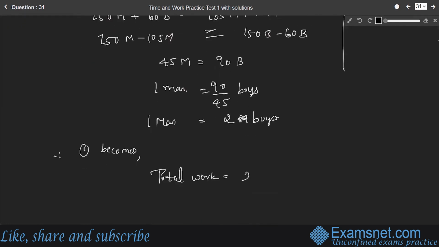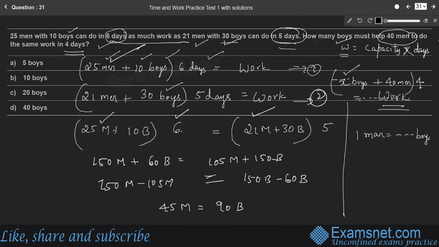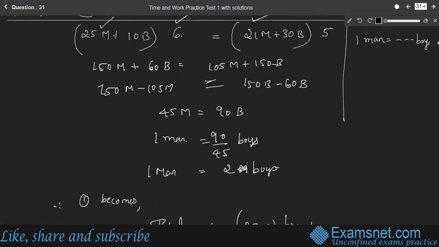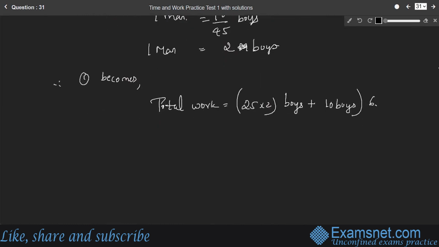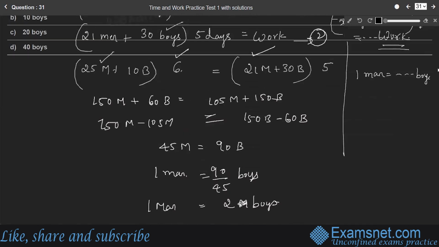Therefore, 25 men becomes 25 into 2 boys, plus 10 boys, into 6 days gives the total work. Therefore, 25 into 2 is 50 plus 10, 60 boys into 6, which is 360. So the total work is 360 units.